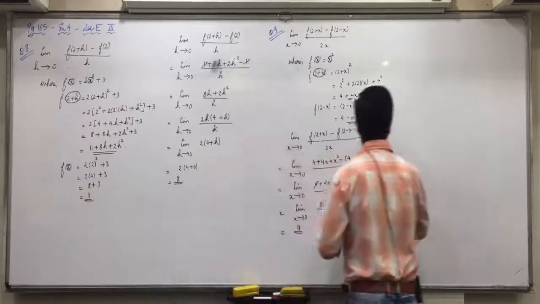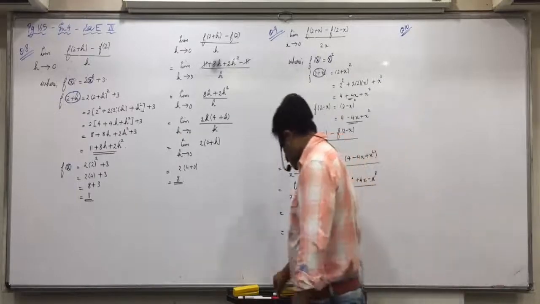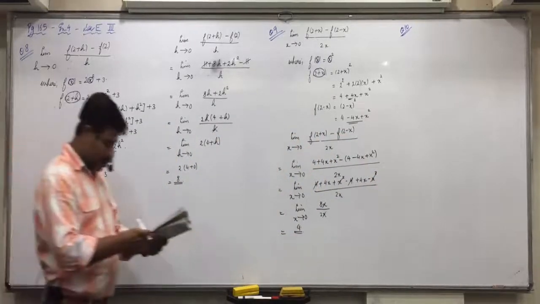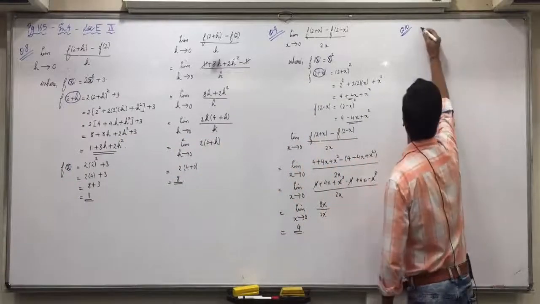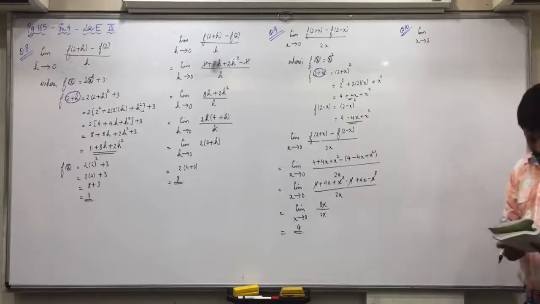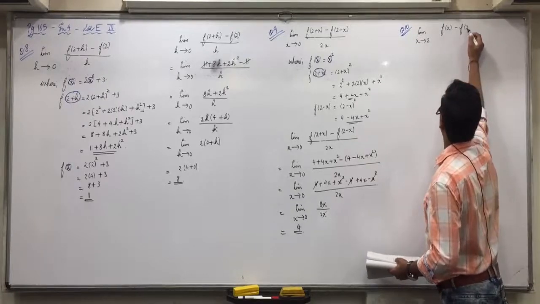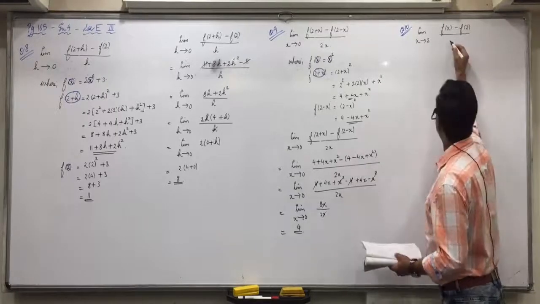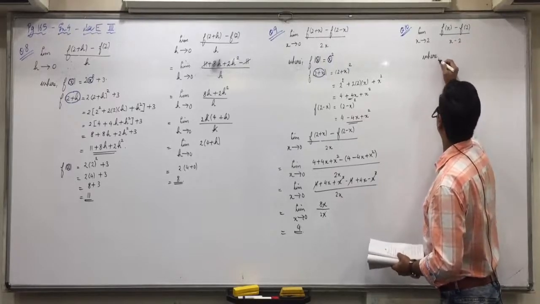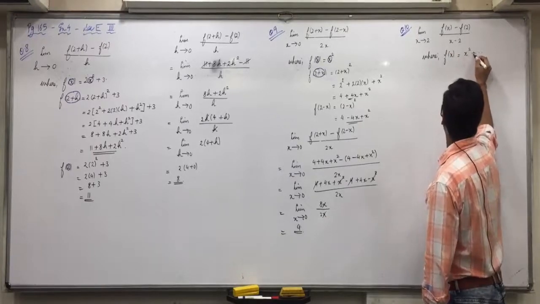Now question number 10. Limit x tends to 2, (f(x) minus f(2)) divided by (x minus 2), where f(x) is equal to x² plus x.